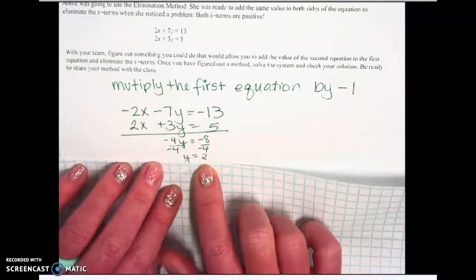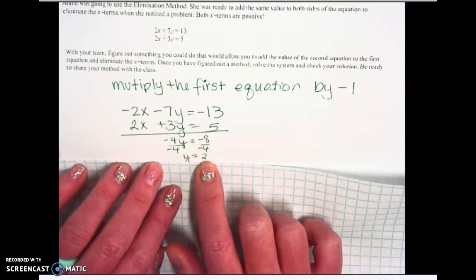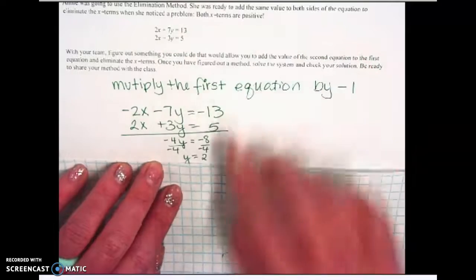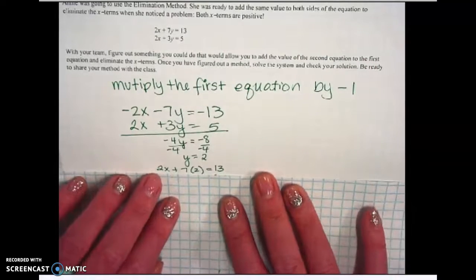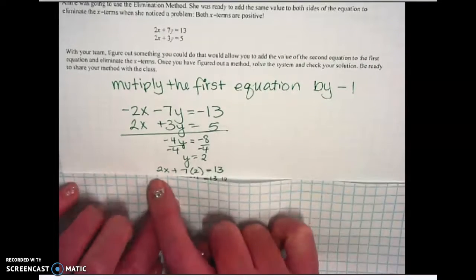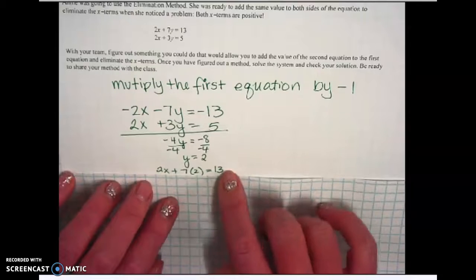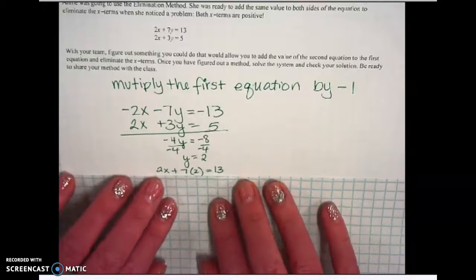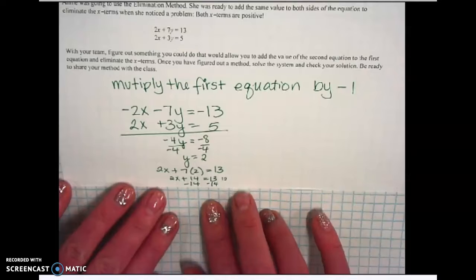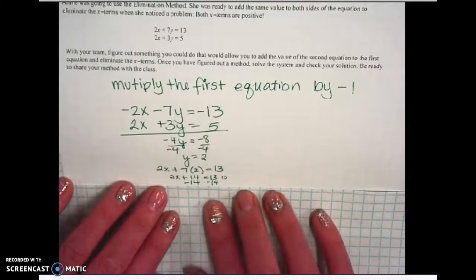Okay? Now I'm going to take that 2 and plug it back into either of the two original equations up here. I picked the first one. So I'm going to say 2x plus 7 times 2 equals 13. 7 times 2 is 14. So I'm going to subtract 14 from both sides.